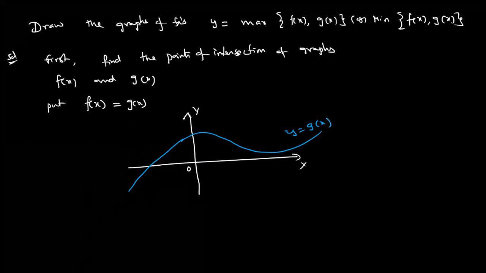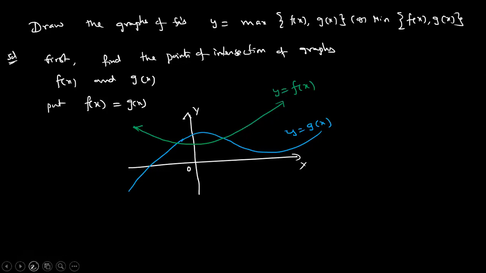Another one, suppose, take like this. This is y is equal to f of x. Clear? It is clear from the graph.